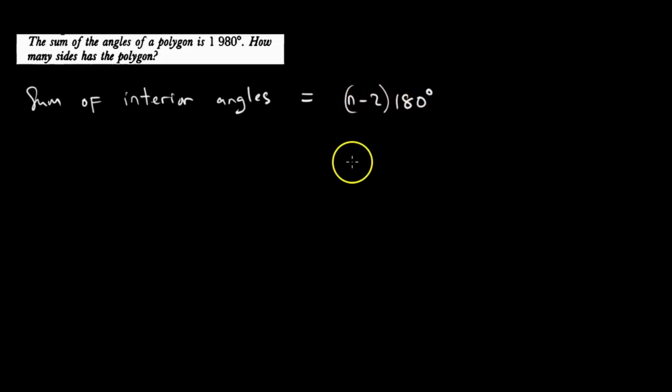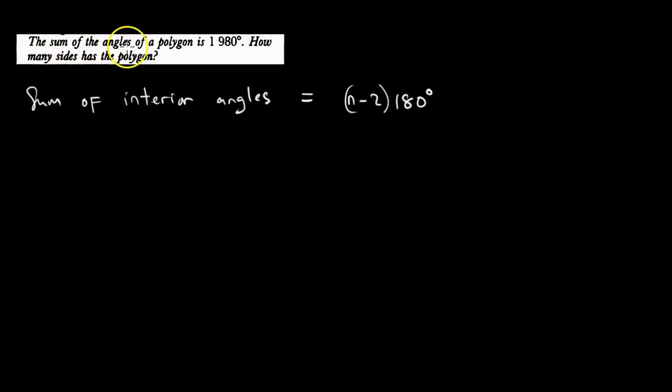So let us write our formula down. Our formula says the sum of interior angles is given by (n minus 2) times 180 degrees.